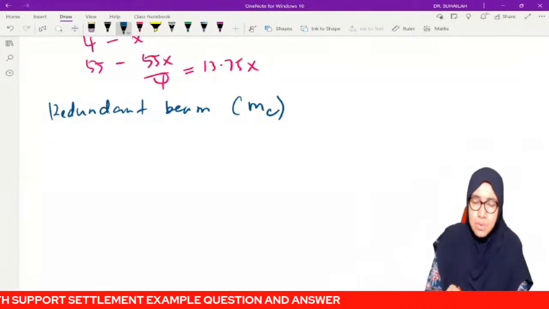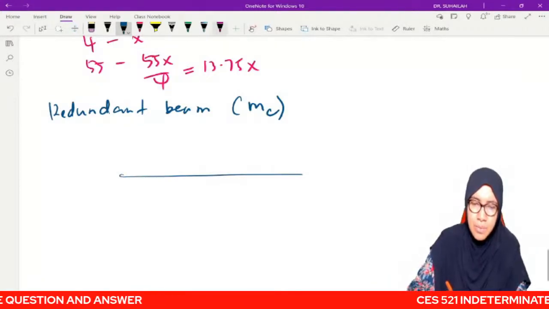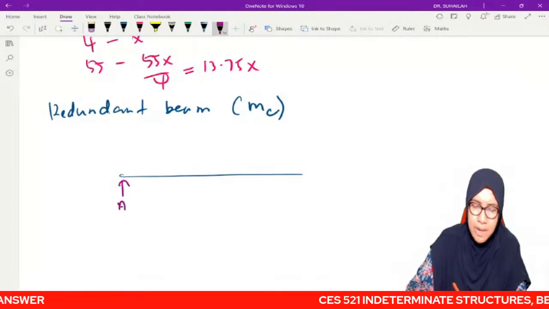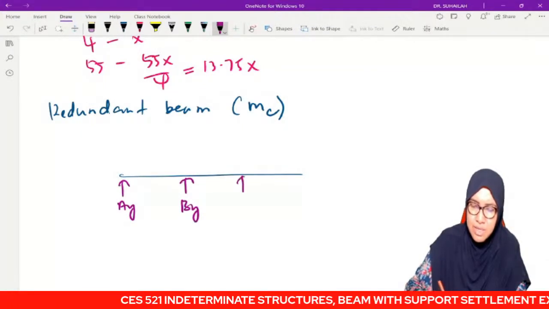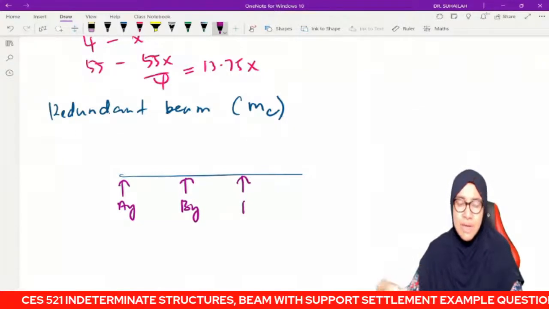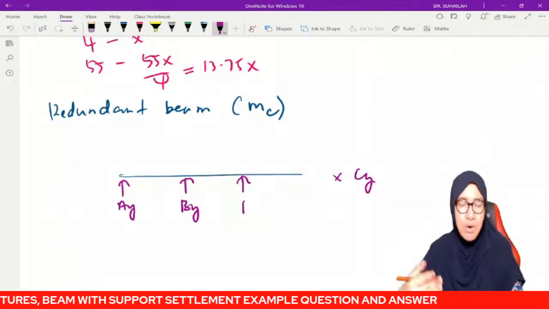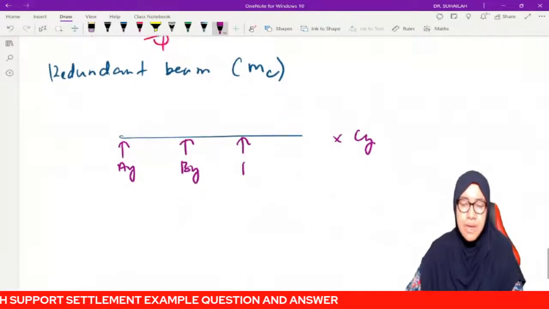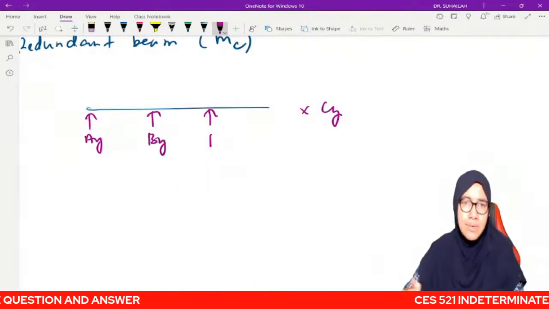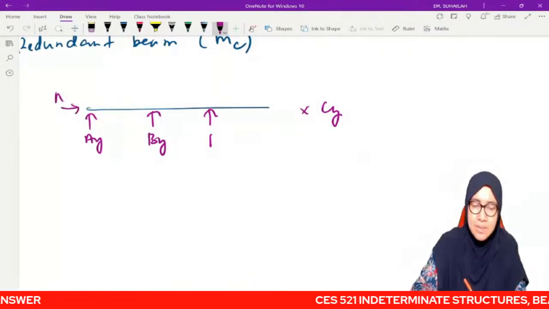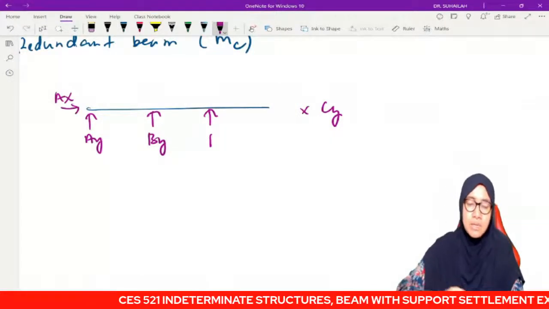Here we have AY, here BY, and then we have a unit value of CY. So we have to calculate the reactions. Of course, here is AX, and we already know that AX is equal to 0.